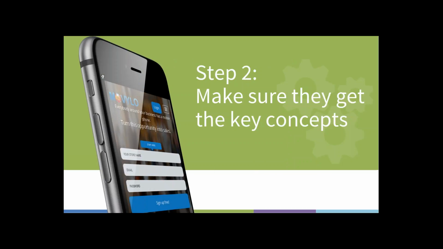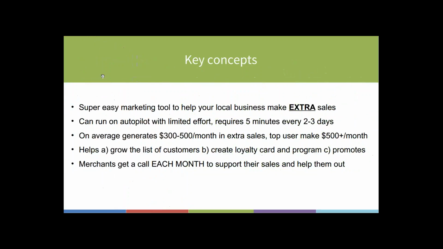Step 2, make sure that they get the concept. Super easy marketing tool to help your local business make extra sales. Super easy, because they will tell you over and over again that they have no time. So it's important that you tell them that it's easy, that it runs on autopilot. What is autopilot for this?